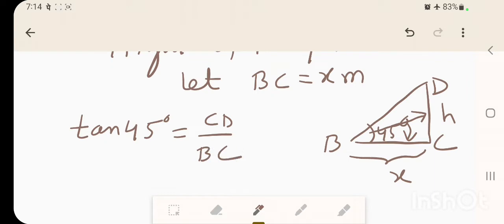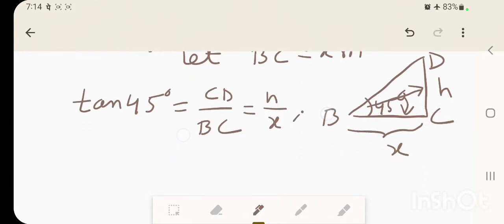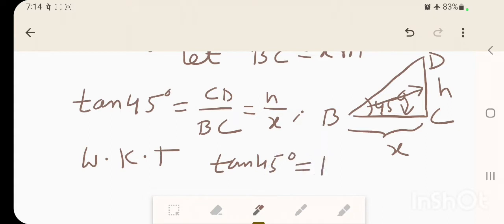So this is tan 45, and we know that CD we have taken as H, and BC we have taken as X meters. And tan 45, this you have to remember, is equal to 1. This is a very important ratio.